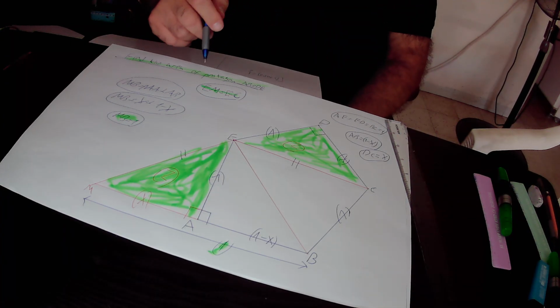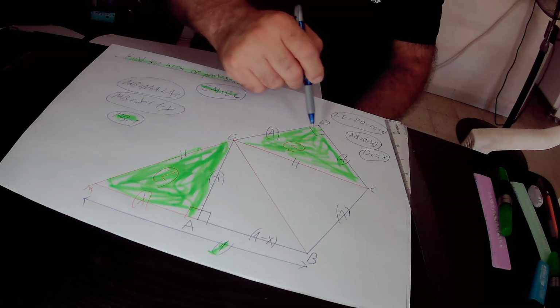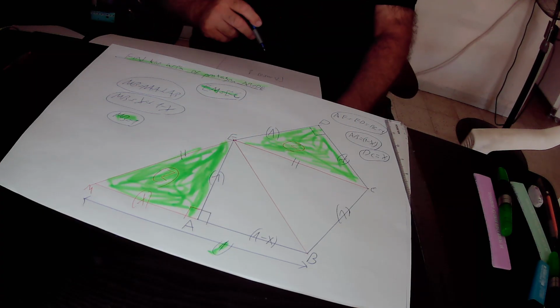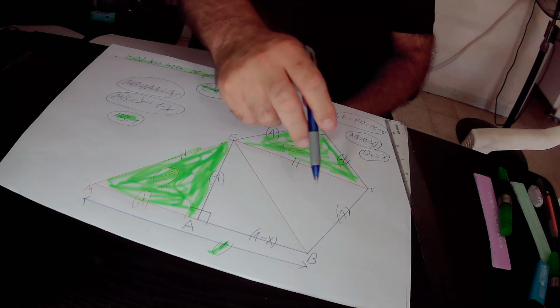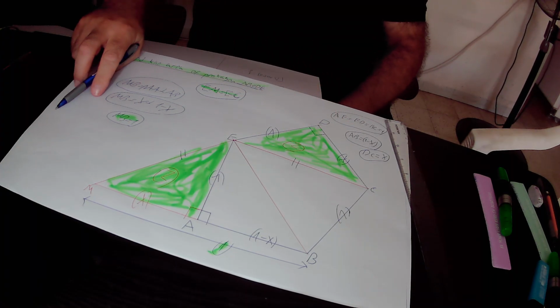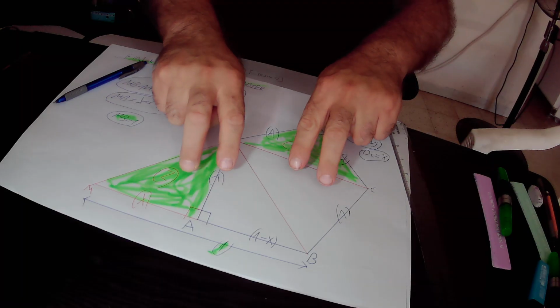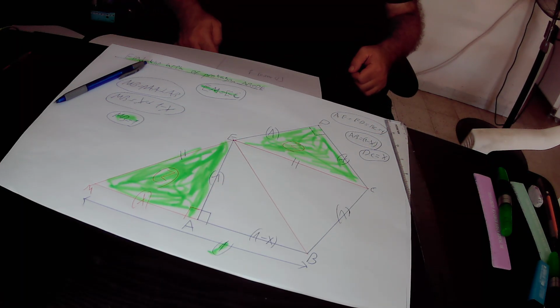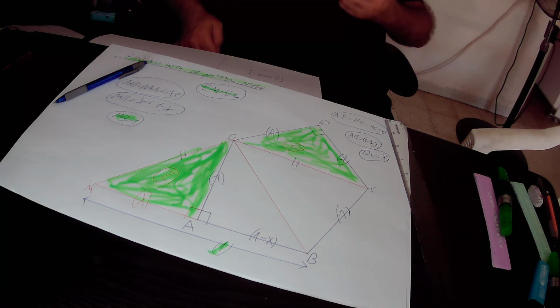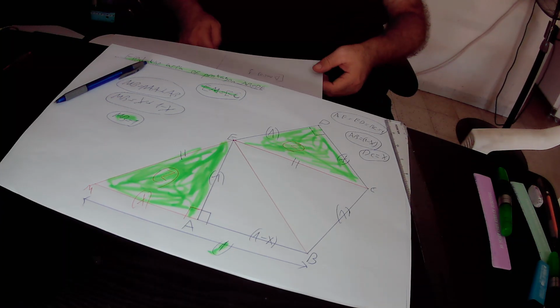What is the area of the big quadrangle MEBC? Actually, the big quadrangle MEBC consists of those two triangles. And therefore, the area of MEBC must be equal to the sum of the areas of the two shapes that it consists of.